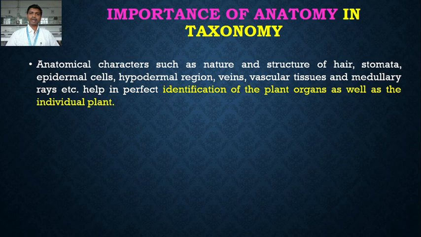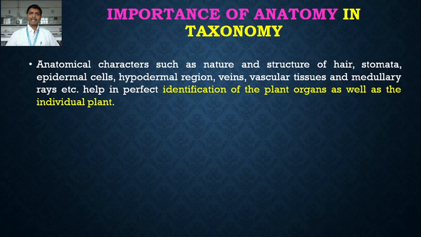Taxonomy is the lawful arrangement of the plant according to identification, nomenclature and classification. So anatomical characters have been used in identification, nomenclature and classification. This is the importance of anatomy in taxonomy.